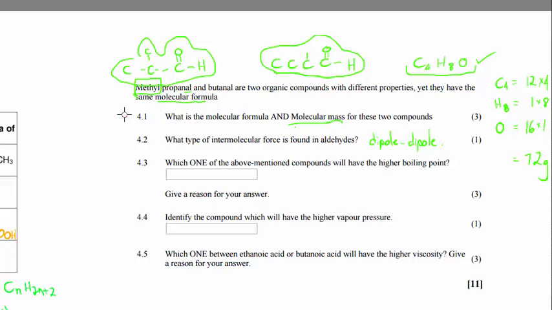Identify the compound which will have a higher vapor pressure. Isn't it also butanol? So let's reason it out. What is vapor pressure?